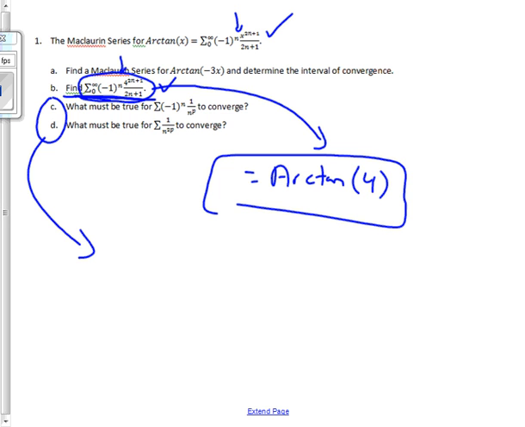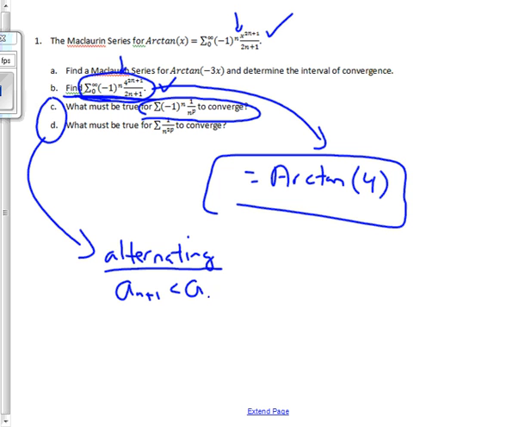So in the first one, we notice that because it's alternating, we just need to check whether or not the n plus 1 term is less than the nth term, and that's true, and that the limit as n approaches infinity of a sub n equals 0, and that's also true.